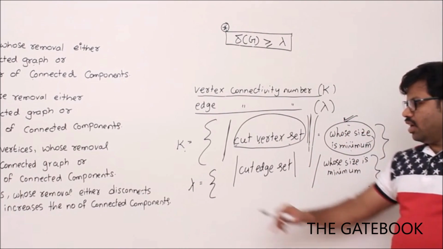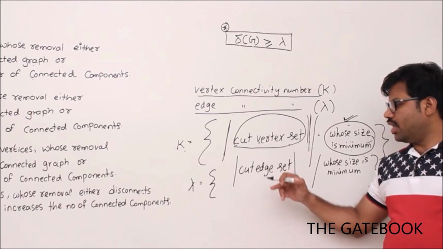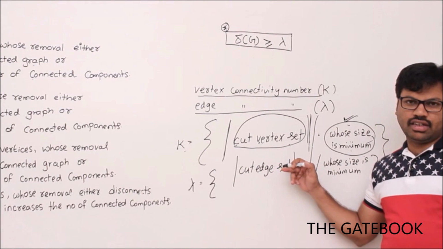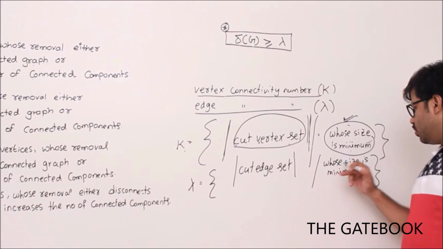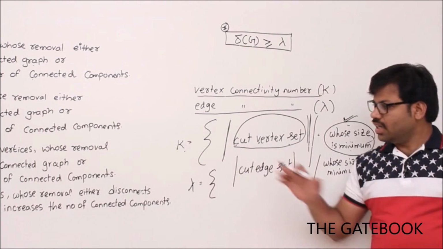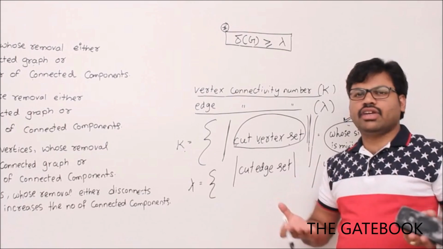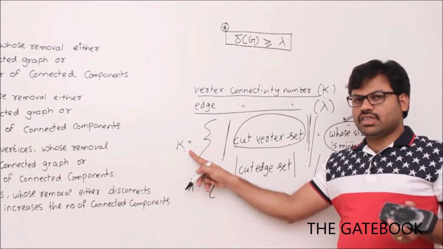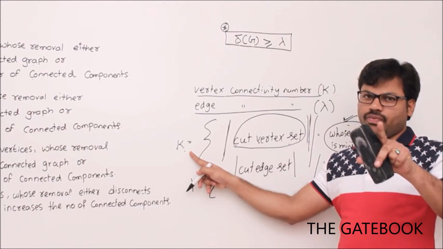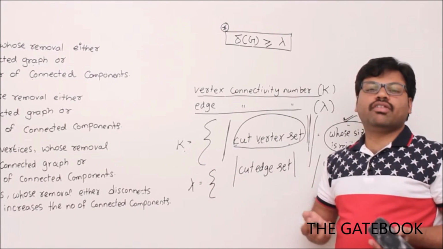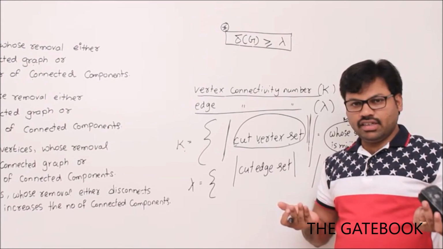In the same way, lambda is a number. Which number? It's the size of the cut edge set. Which cut edge set? Whose size is minimum. In that way, I can define K comma lambda. But in simpler words, in English, K is the minimum number of vertices required to disconnect the graph, and lambda is the minimum number of edges required to disconnect the graph.